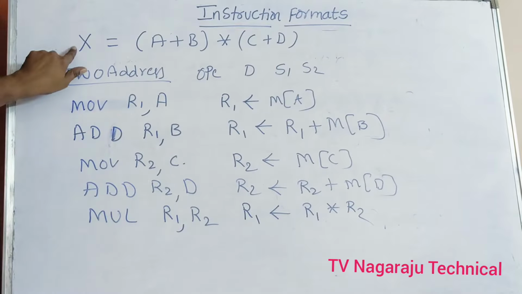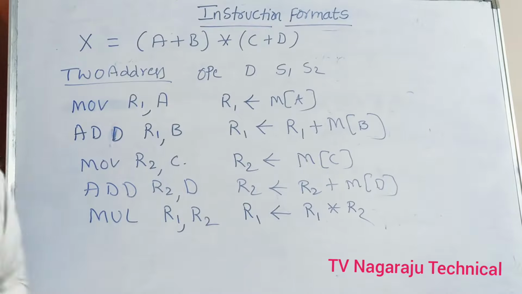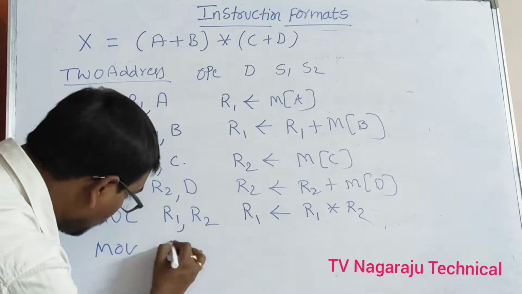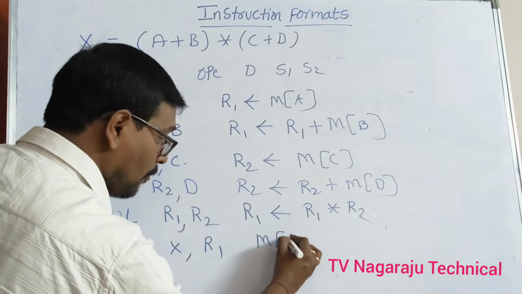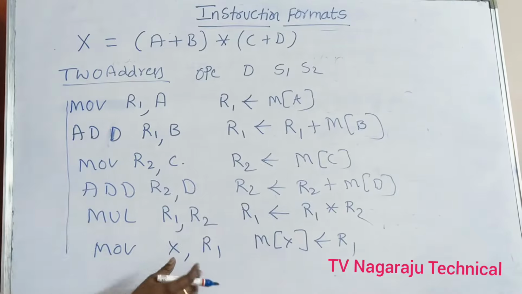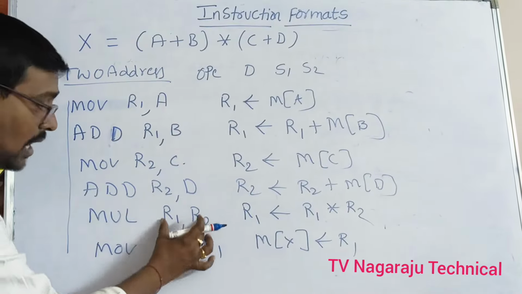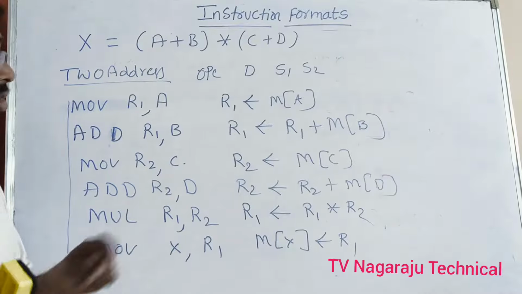The result is stored into X. Simply the same procedure: MOVE X, R1. So what happened? M[X] stores R1. This is the 2 address. Observe, I have used two address fields to perform the operation.